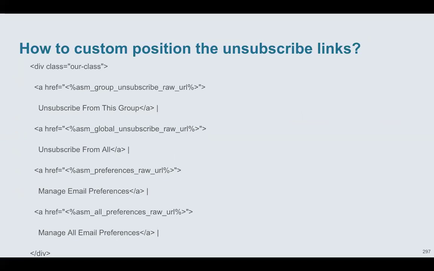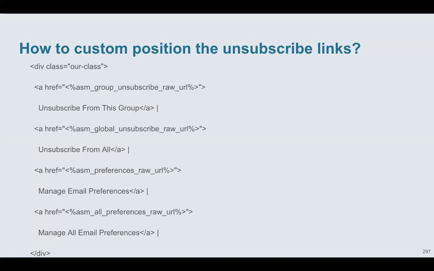If you ever used the group unsubscribe feature or unsubscribe feature where you had to custom position those links, you had to add some HTML snippet into your email template, and I'm sure this will be familiar.